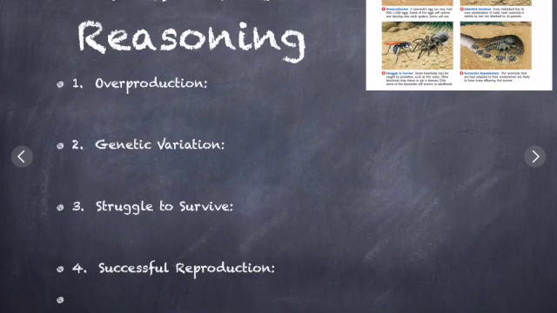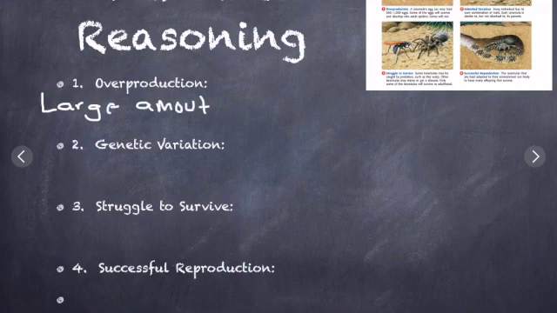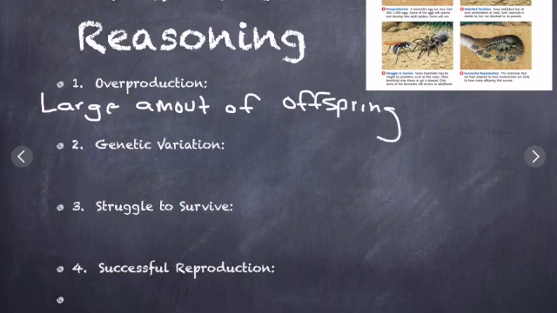Darwin had a bunch of reasons for why he came up with this idea of how organisms evolve over time. The first one was overproduction. Animals produce a large amount of offspring, usually more than are going to be able to survive.